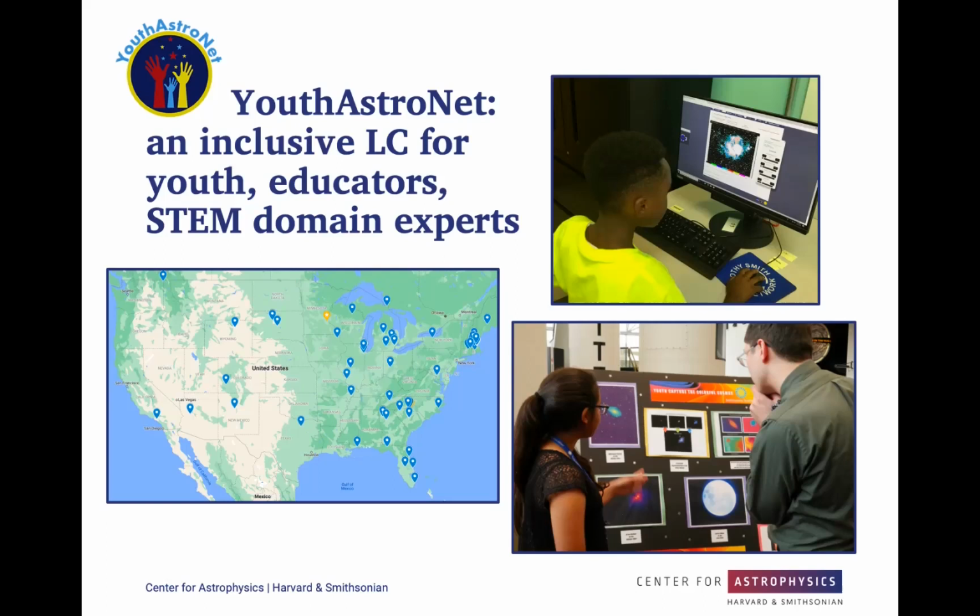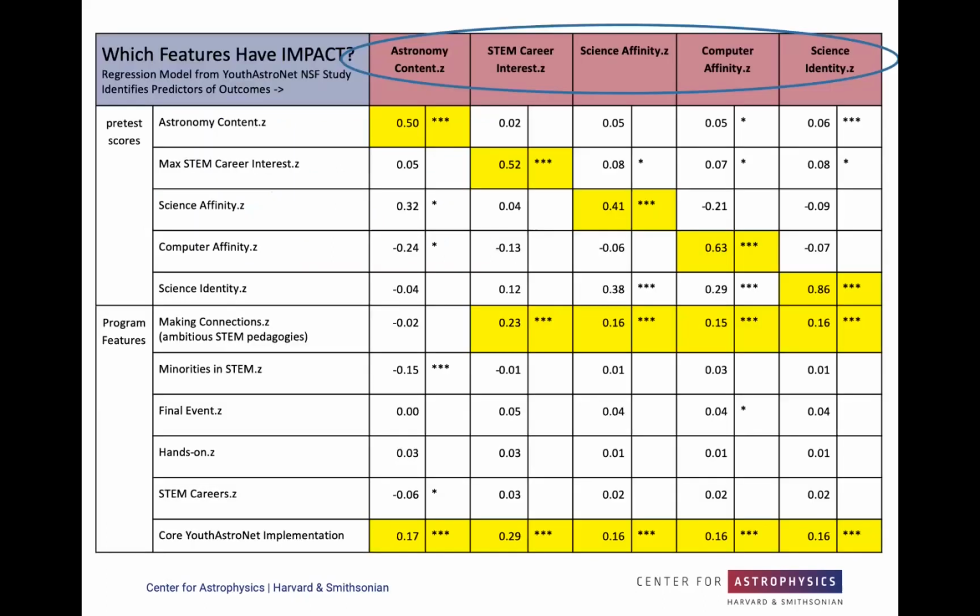The curriculum has a few essential core elements, but then lots of extension activities that educators can pick from to design their own experience. So this is a pretty dense chart, but essentially it represents the results of regression modeling with the data from 1,200 matched pre and post surveys of participants in Youth Astronet.